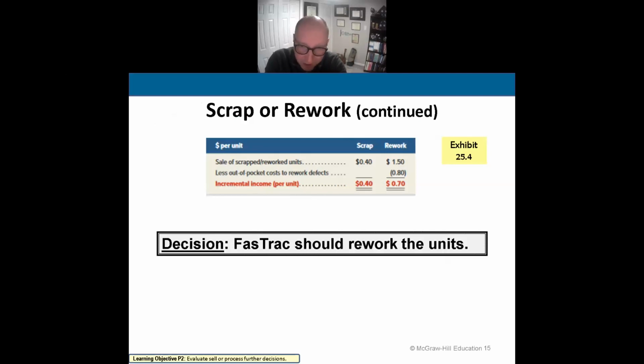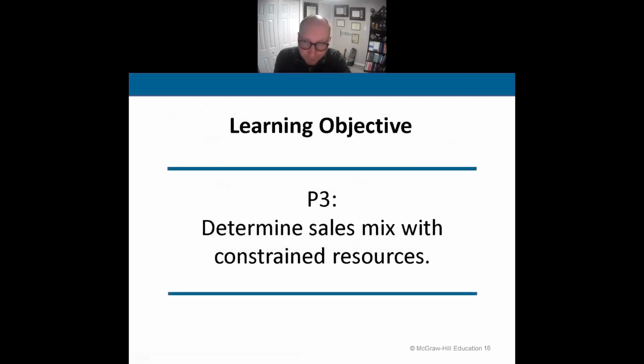Because it's not out of pocket, it's a sunk cost. The out of pocket would be if I spend an additional 80 cents to rework it. And based off of our decision rule, our incremental income to rework it is greater than the scrap incremental income. So we would rework.